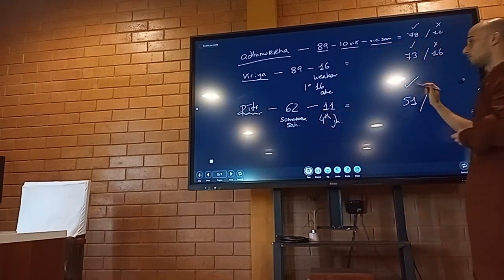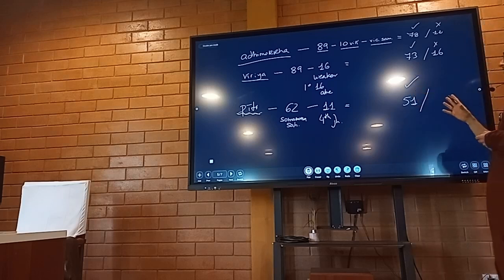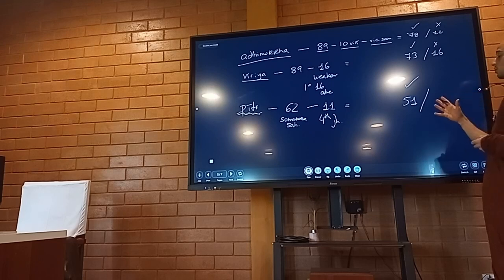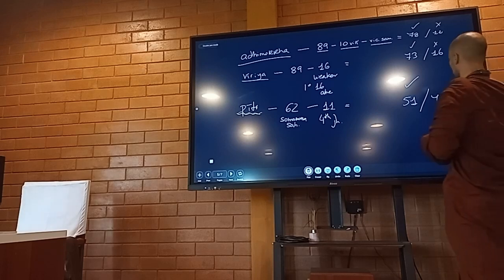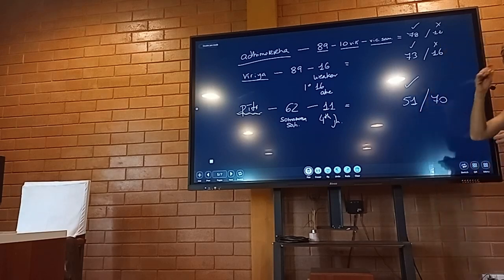Because it's Piti, you put it in the 121 method, the long method. So 51 and 70. It does not arise in 70 chittas.